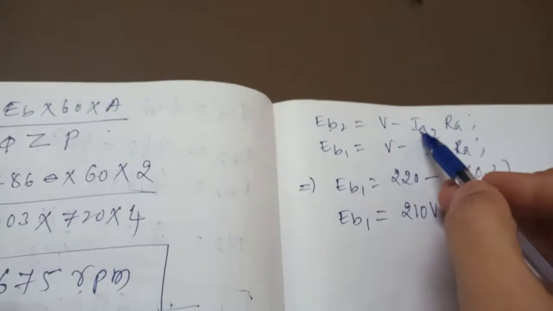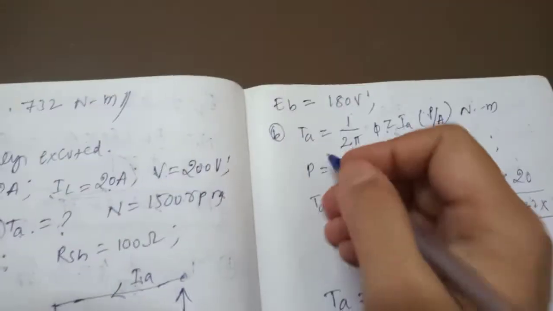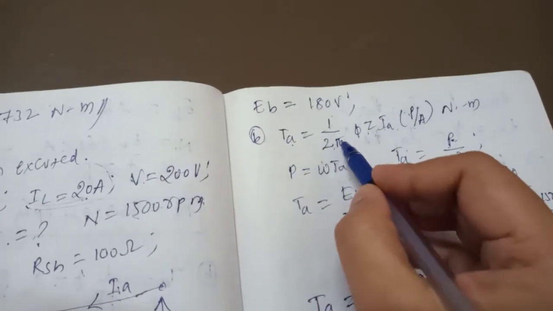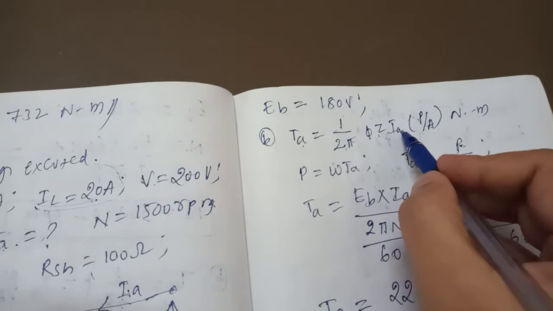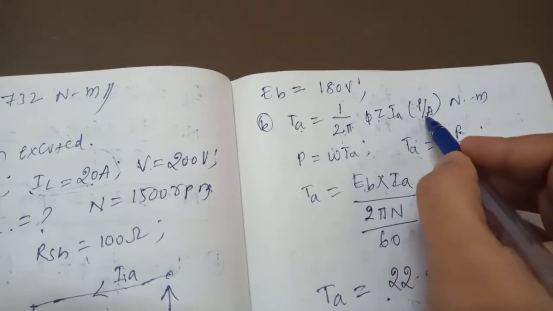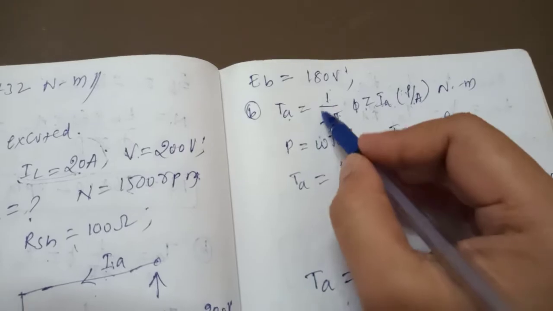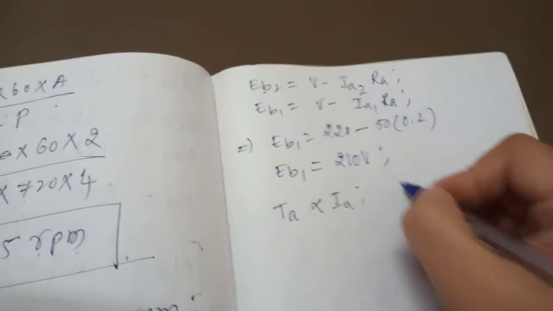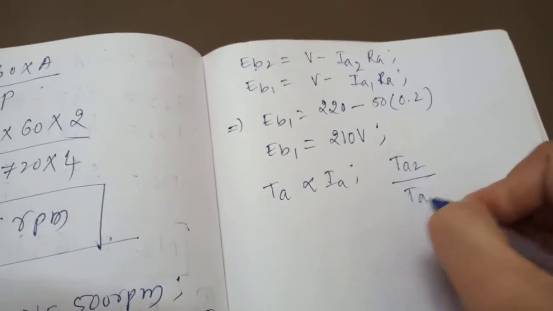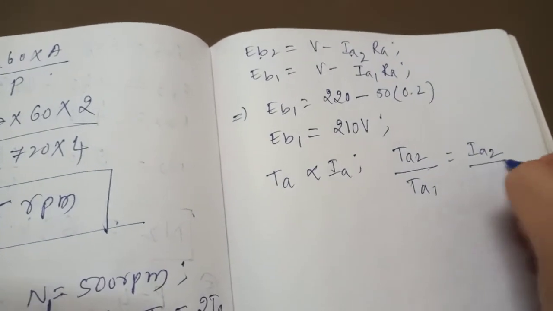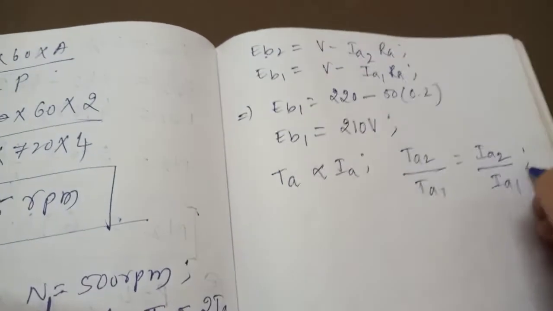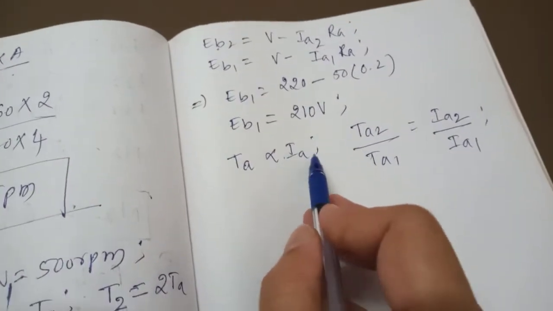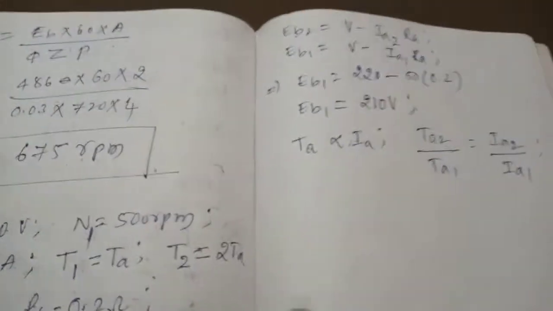To calculate EB2, I need IA2. How can I calculate IA2? TA is directly proportional to phi into IA, but phi is constant for a separately excited or a shunt motor, so I am ignoring it.